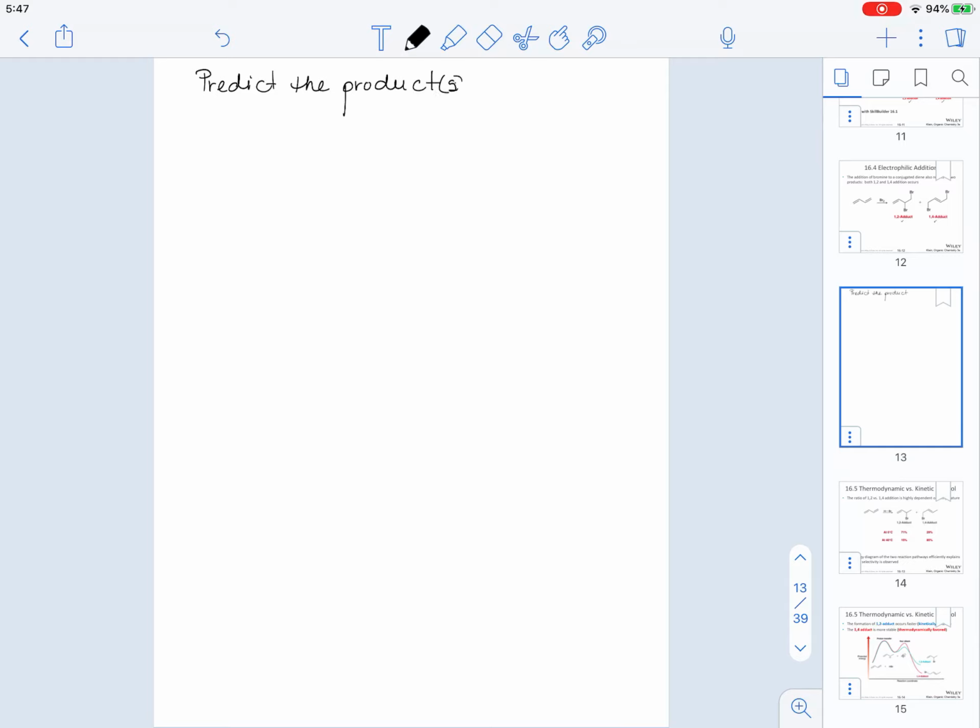I should say products, because there's going to be multiple. So let's say that we have the following cyclic diene. And we are going to be reacting it with HBr. And we're trying to determine what are going to be the products of the reactions.